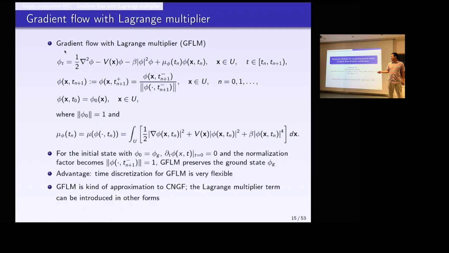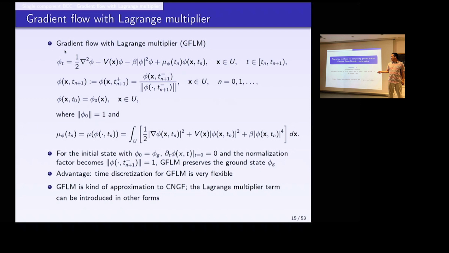So then to eliminate this non-zero initial velocity, we just put the explicit Lagrange multiplier back into the gradient flow part. Once we do this, if the initial state is chosen as the ground state, then the velocity is equal to 0, so the solution will not move, it will stay there. That's the idea.